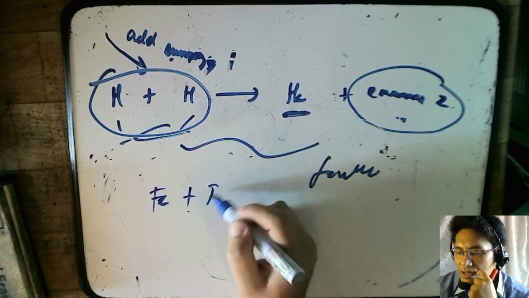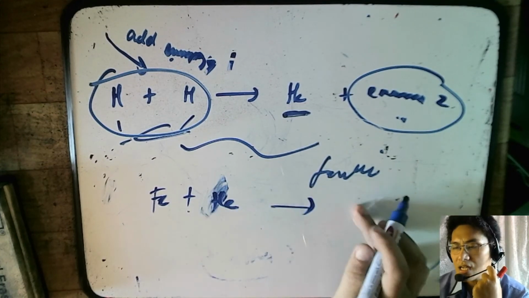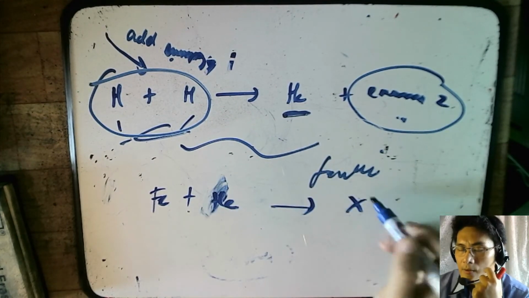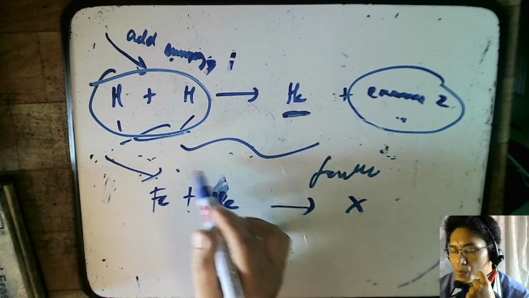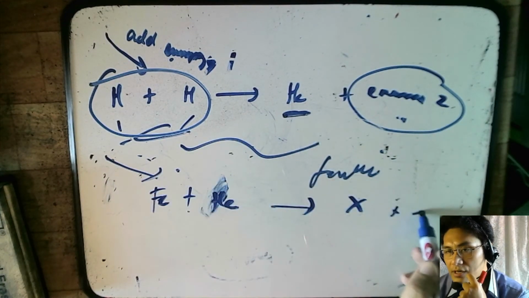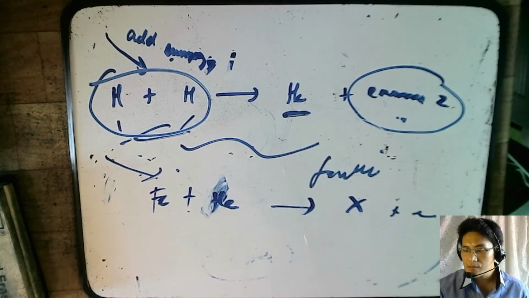Because when you fuse iron together, even iron with helium, to create the next stuff, which is a bigger element, the amount of energy that you input is now bigger compared to the amount of energy that you get. That's why the process stops.